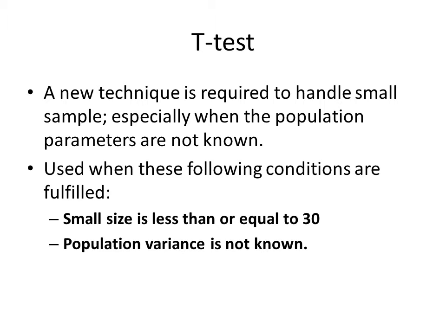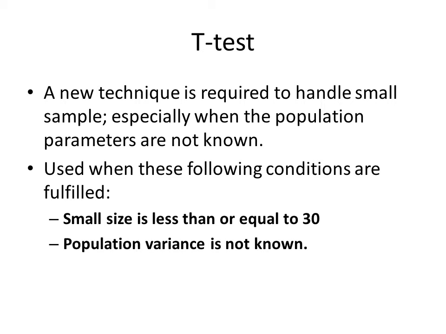When a researcher draws a small random sample to estimate the population mean, when the population standard deviation is not known and the population is normally distributed, then we apply t-test.